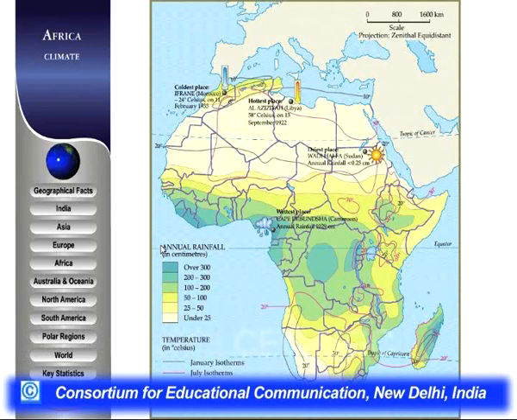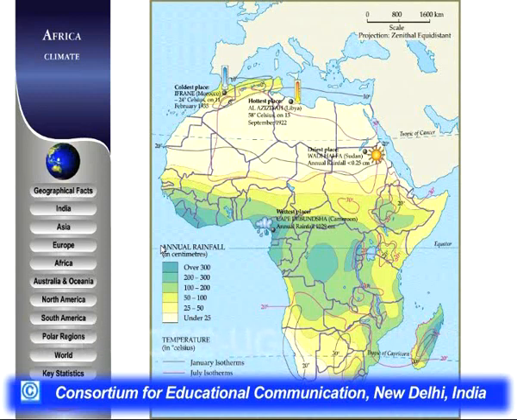So the central part of Africa having very, very dense forest, lot of flies, mosquitoes, that is the place of sleeping sickness. So on one hand, absolute dryness, on the other hand, absolute dense forest, humid tropical climate.